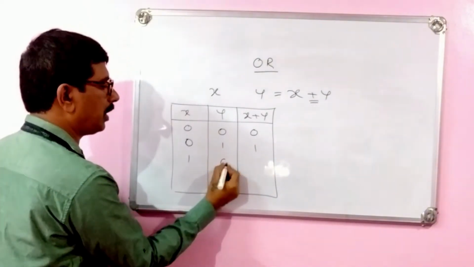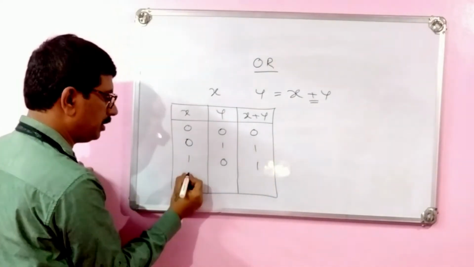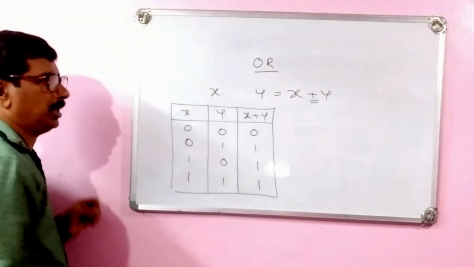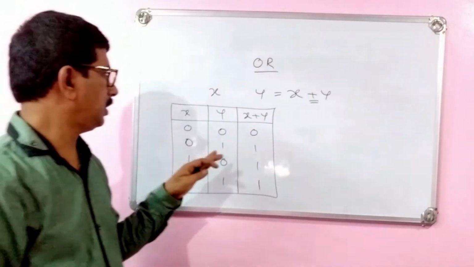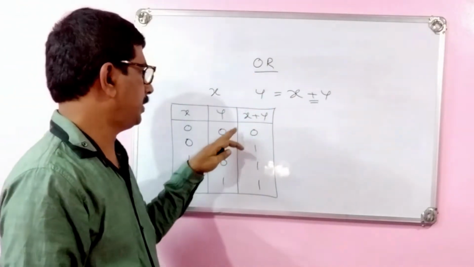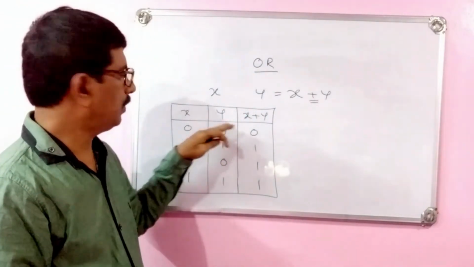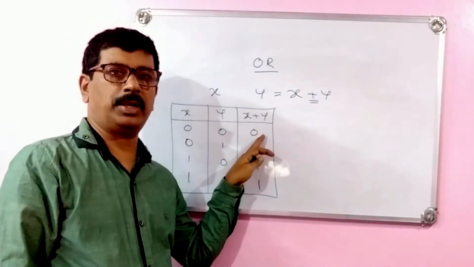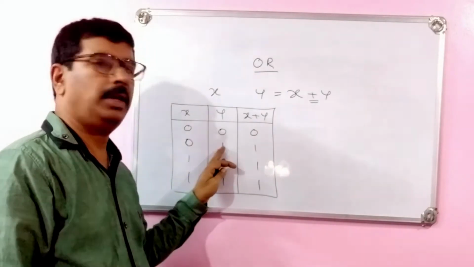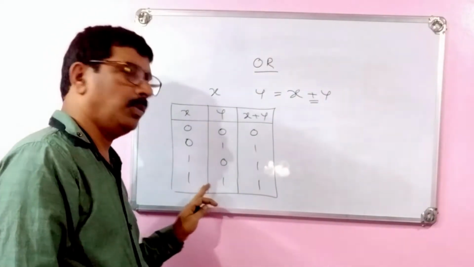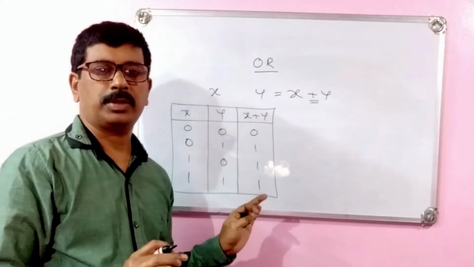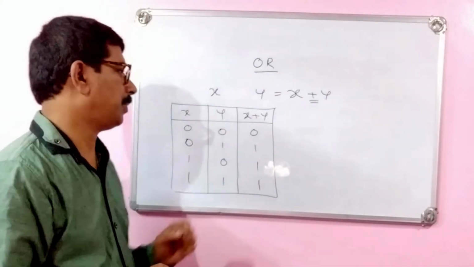X is 1, y is 0, the result is 1. X is 1, y is 1, the result is 1. So in this way, for the OR operator, only when both inputs are absent will it not show any result. If any one input is there or both inputs are there, then it displays the output. That is the concept of OR operation.